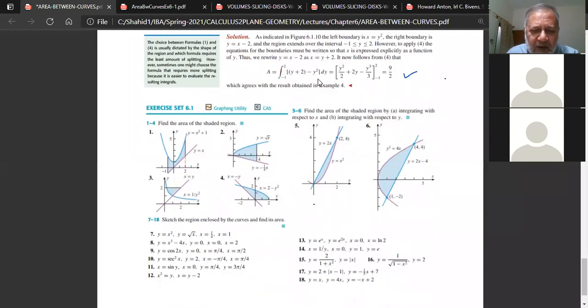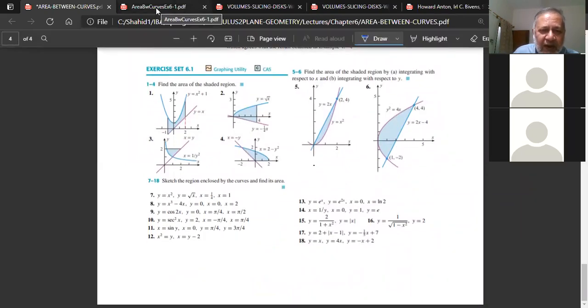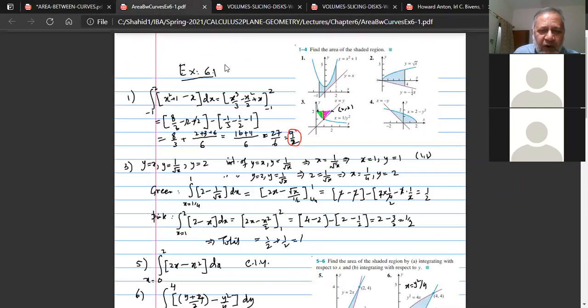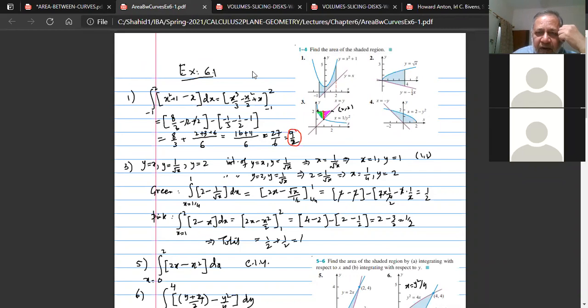This much allows us to go to exercise 6.1, and I have considered these problems for sample solutions. Find the area of the shaded region. I have taken this picture from the book, and here we are given this shaded region lies between the curve y is equal to x square plus 1 and the straight line y is equal to x.